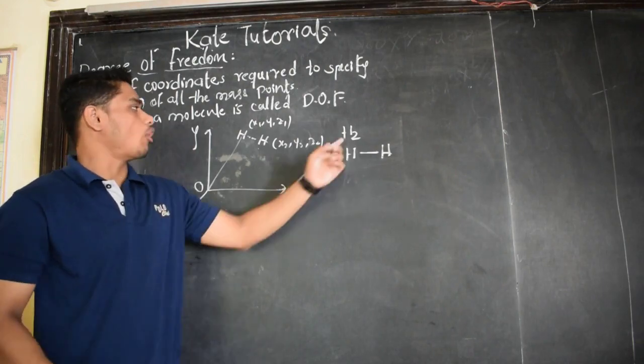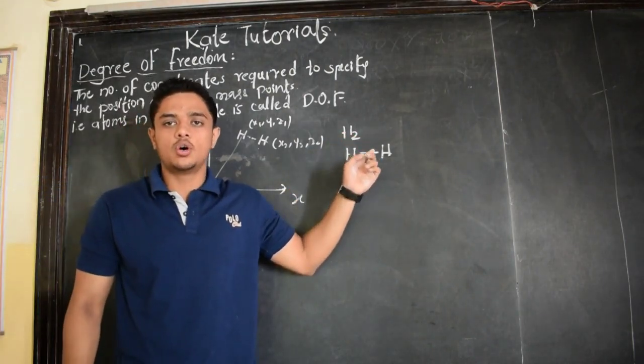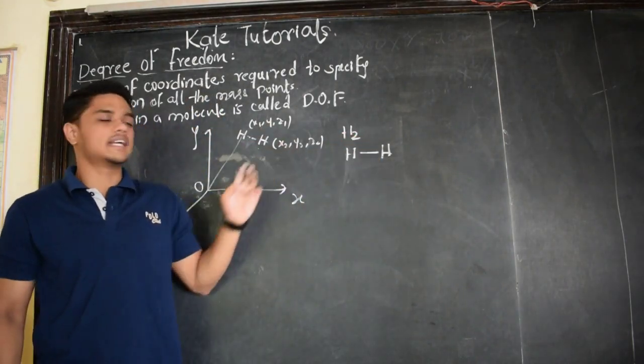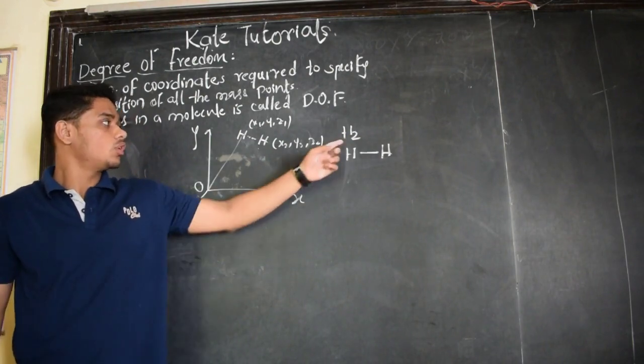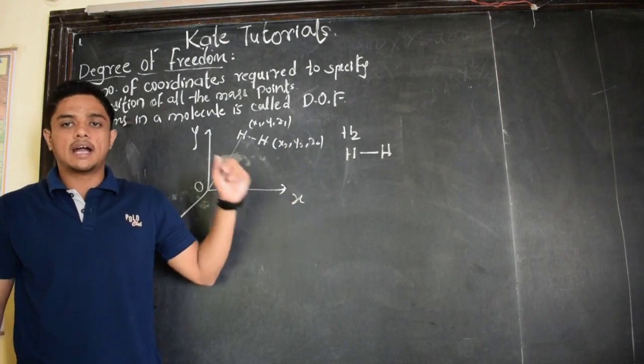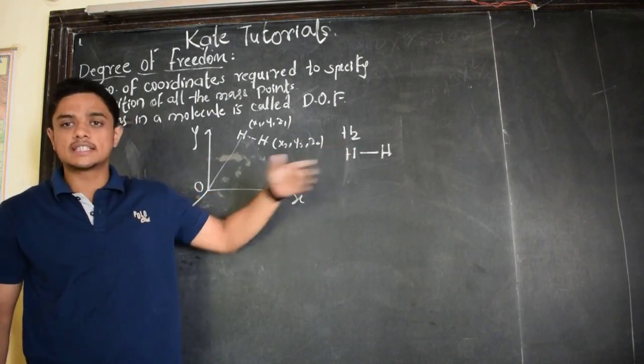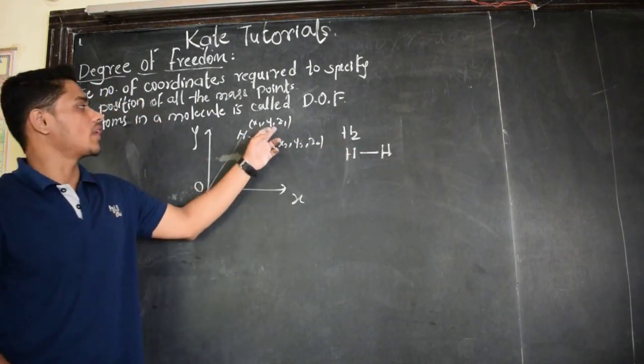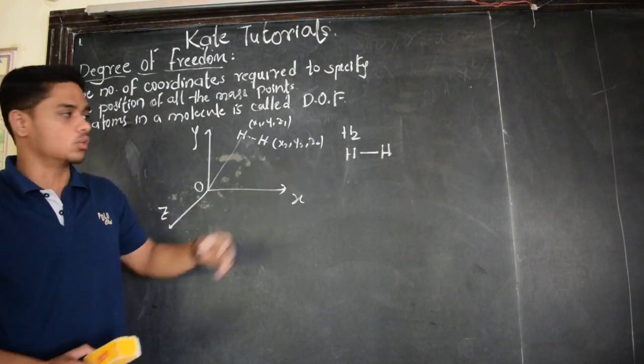So to represent the hydrogen molecule H2, we need 3 plus 3, 6 coordinates. Hydrogen is a good example for 6 coordinates, and the degrees of freedom for hydrogen is 6. That is x1, y1, z1 and x2, y2, z2.